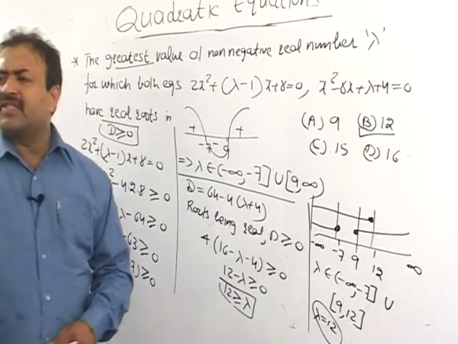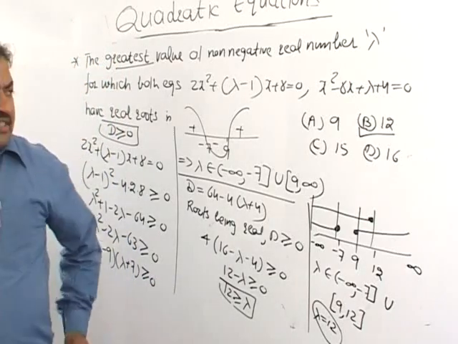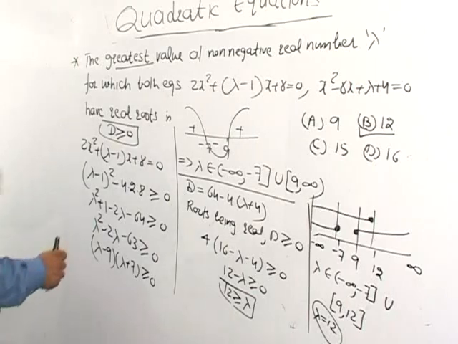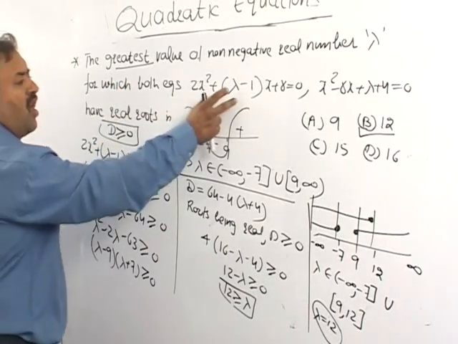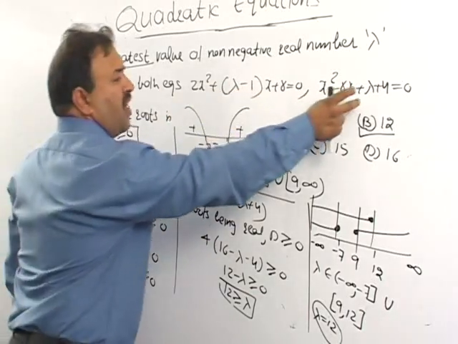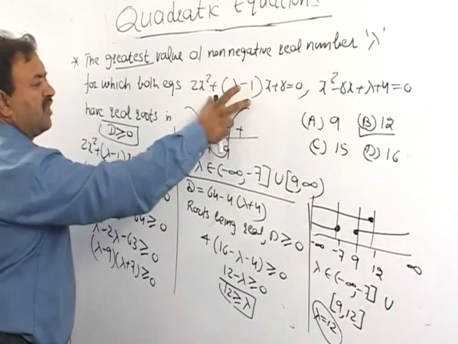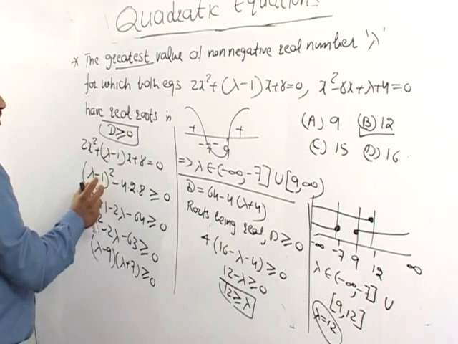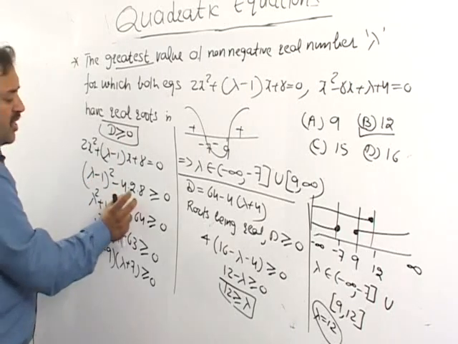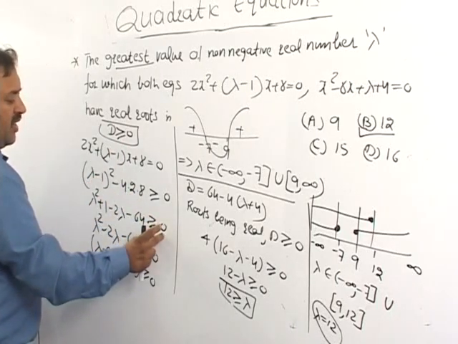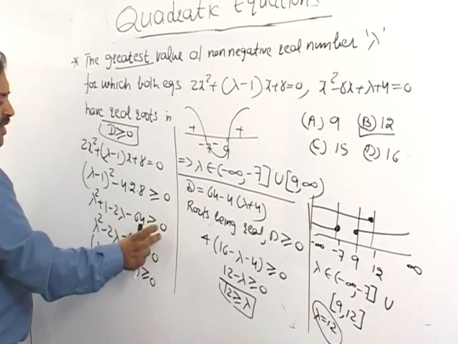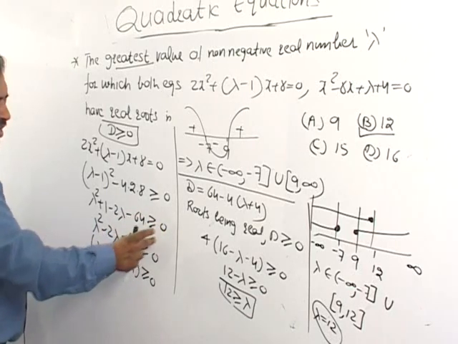You again understand one thing from here. See how we proceeded. First of all, we are given that roots of both these equations are real. We find the discriminant of the first equation, that means (lambda minus 1) the whole square minus 64 minus 64 into 2, it is minus 64 greater than or equal to 0.